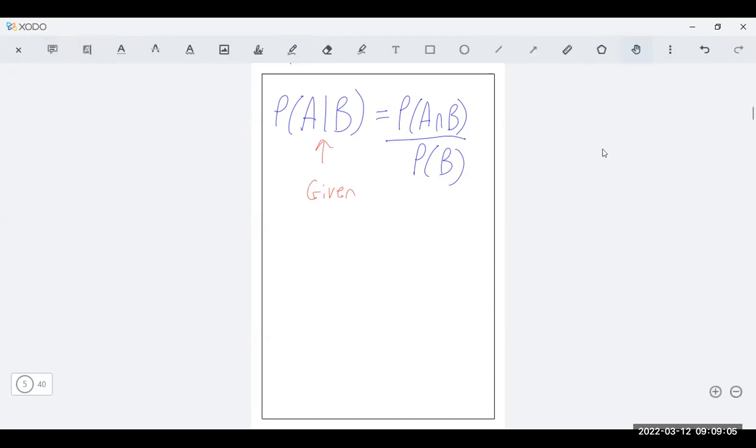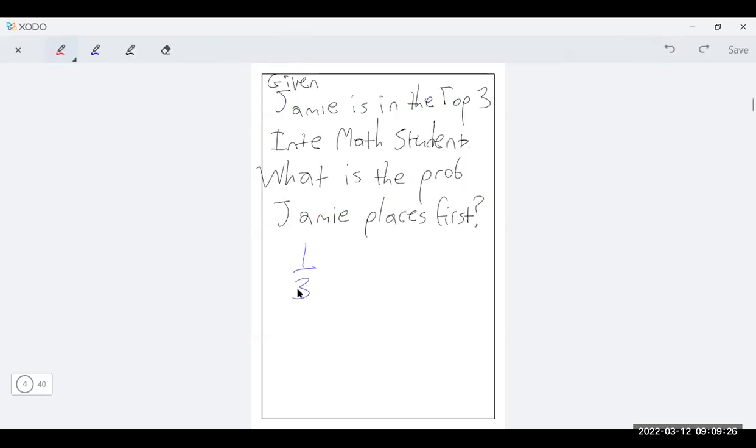So when we're doing conditional probability, the first thing we need to identify is the condition given. That's going to go to the right side in the bracket after the slash. And then A is what you're going to be trying to find. Looking back at the example we just did, you got the 1/3, which is correct. What we were trying to find is the probability Jamie comes first, so let's put J1 for Jamie comes first, given Jamie in top 3.